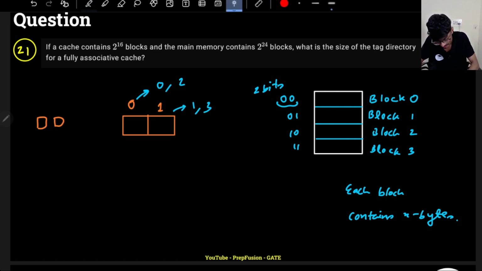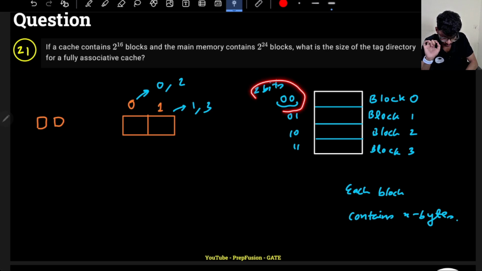I cannot choose only a single bit, I cannot choose the last bit, right? Why? The whole block will be the tag, because then only I will be able to identify which block it is. Is it block 0 or block 2? The whole bits of the block need to be stored. Got it?